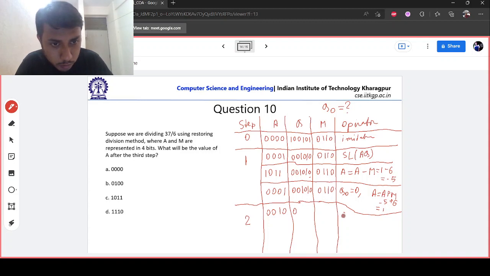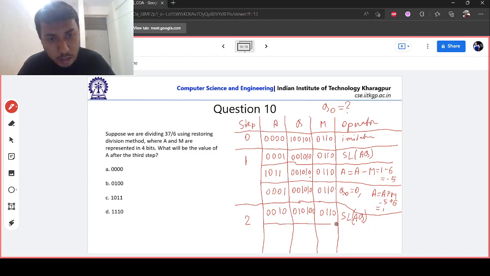We are doing the shift left operation. The last bit will be 0 in this case, whenever we shift left. So it will be 0 1 0 0.